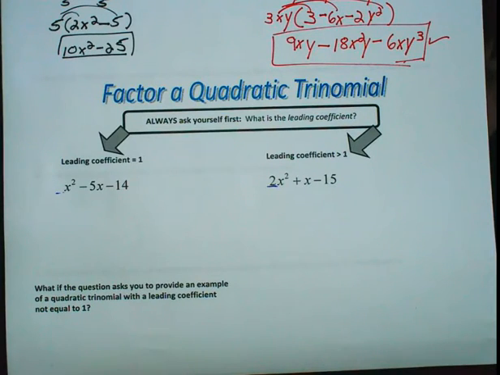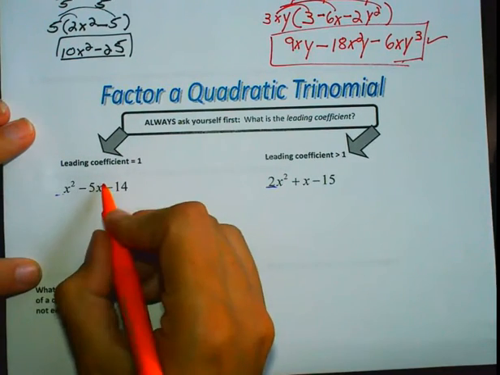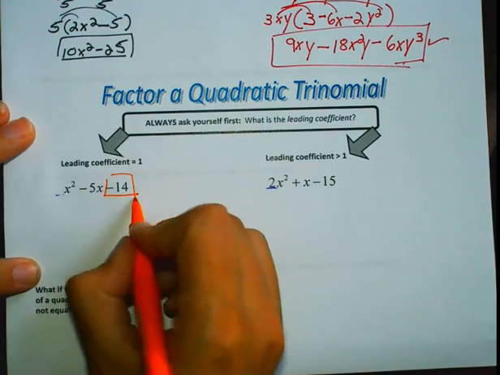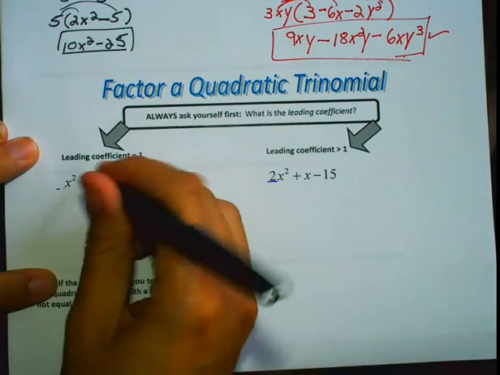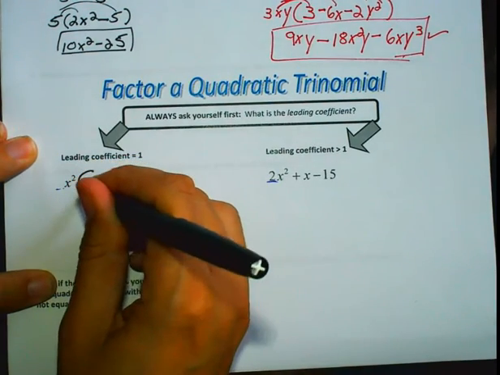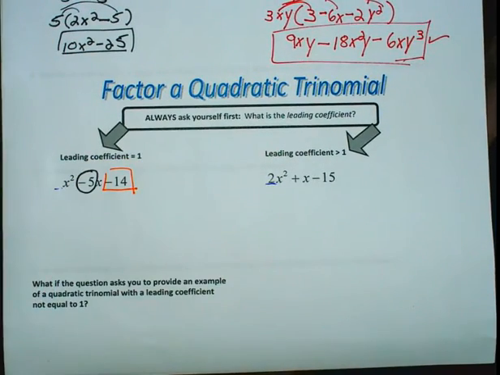So we've got the leading coefficient equal to 1. So what you want to do is look at this last term. You want to look at the sign with it. It's negative 14. And then you want to look at this middle term, negative 5.